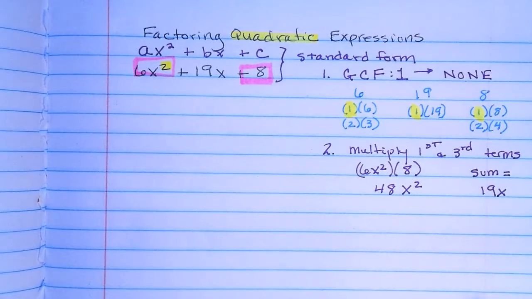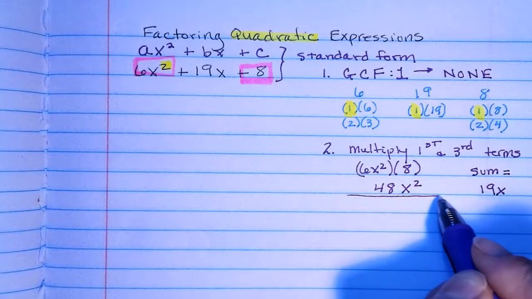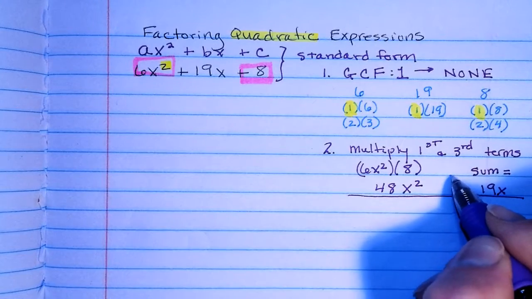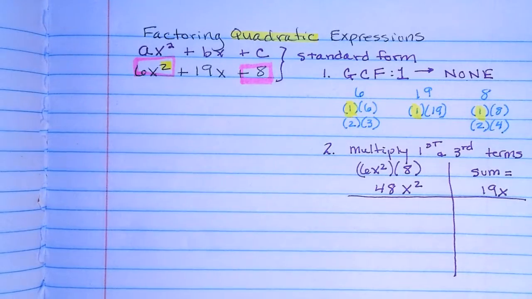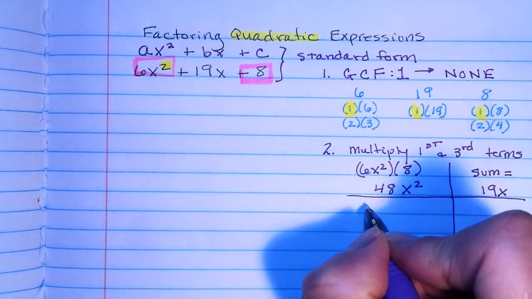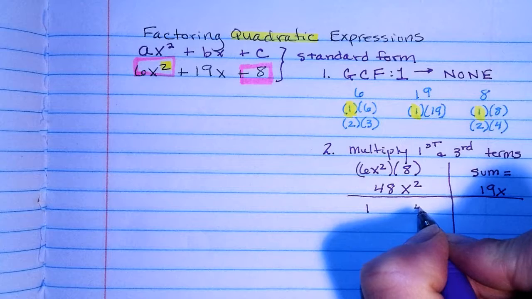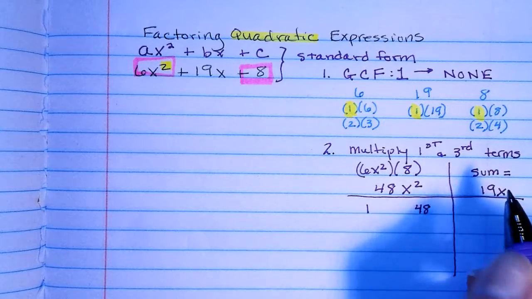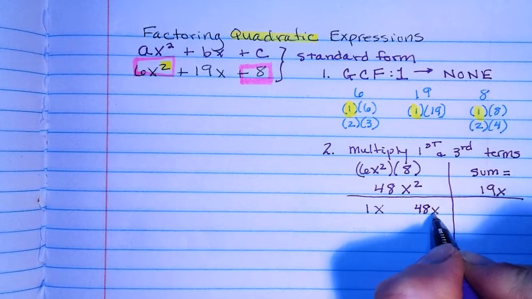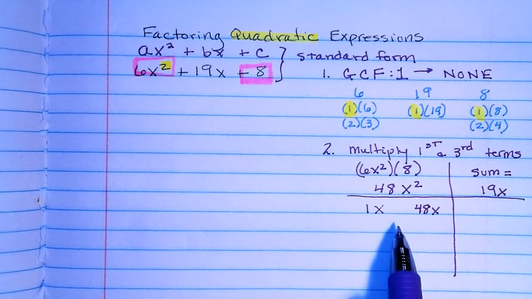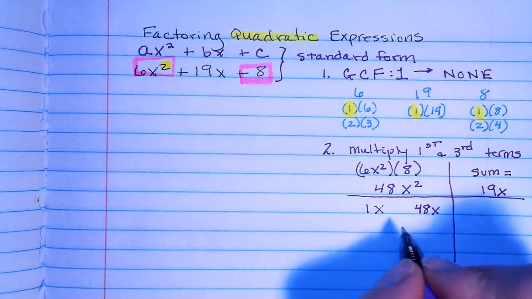So I'm going to make myself a little table that's going to help me do that. My factors of 48 are 1 and 48, and my factors of x squared are x times x. So both terms will have an x with it, so it multiplies to x squared.